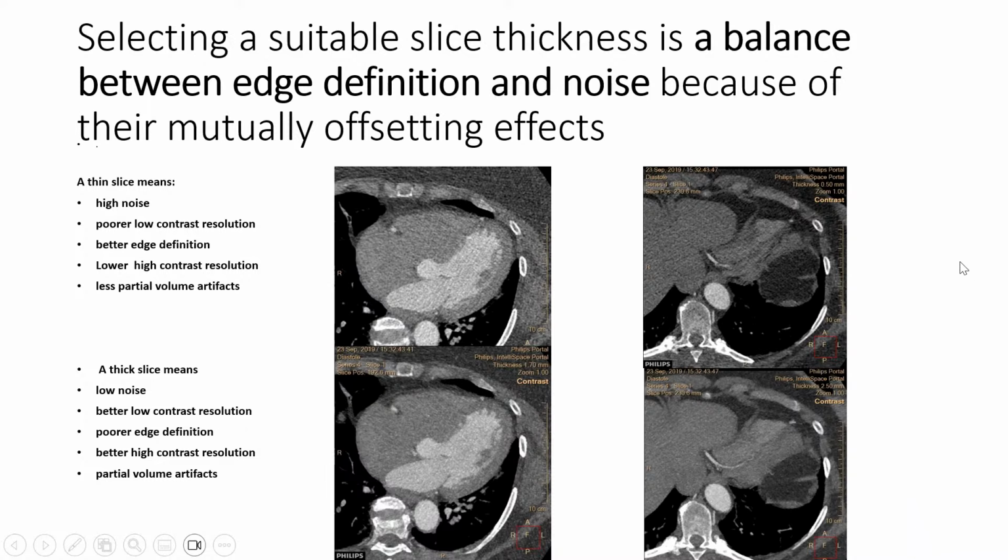Again, with thin slice, there is more noise and poor low contrast, but better edge detection, and you can distinguish the structure better, with less of what we call partial volume effect.